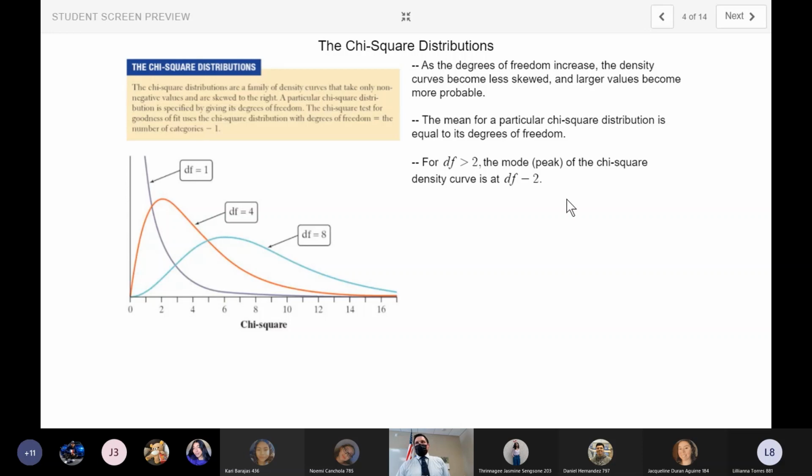And this makes sense, because the direction of the skew pulls the mean towards the skew, so if we go to the left of the mean, that's closer to the peak.